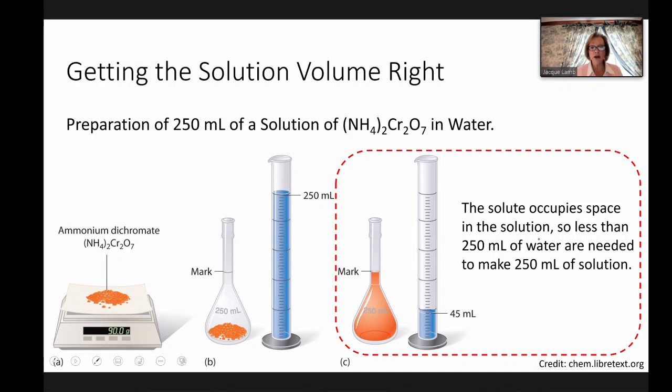So notice here, we have ammonium dichromate, and we have 250 milliliters of water. When you dissolve that and until that meniscus is at the line, you have leftover solvent. So it didn't take the full 250 milliliters to generate that volume of solution.